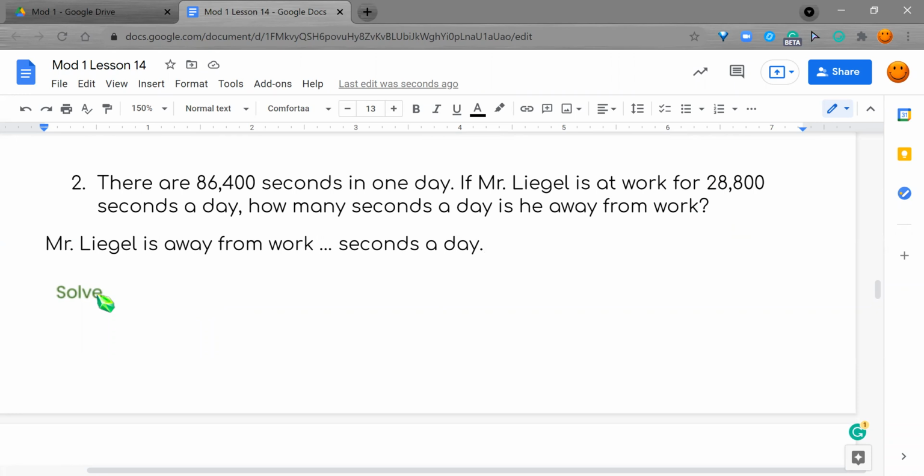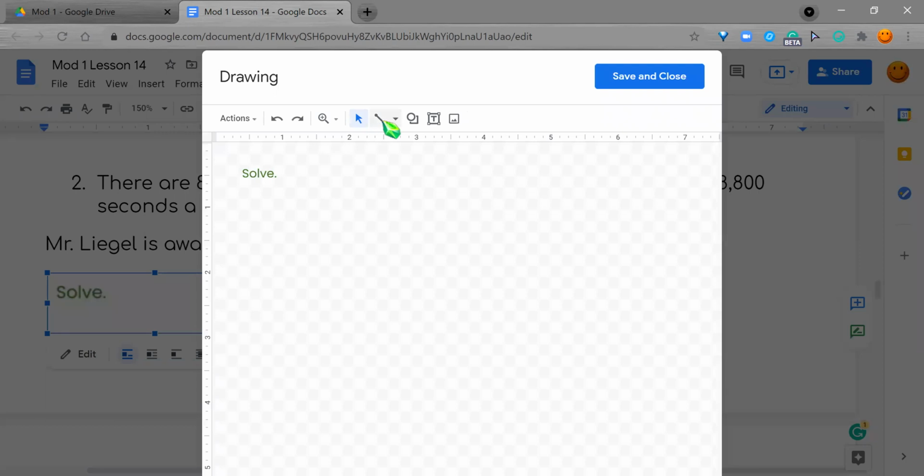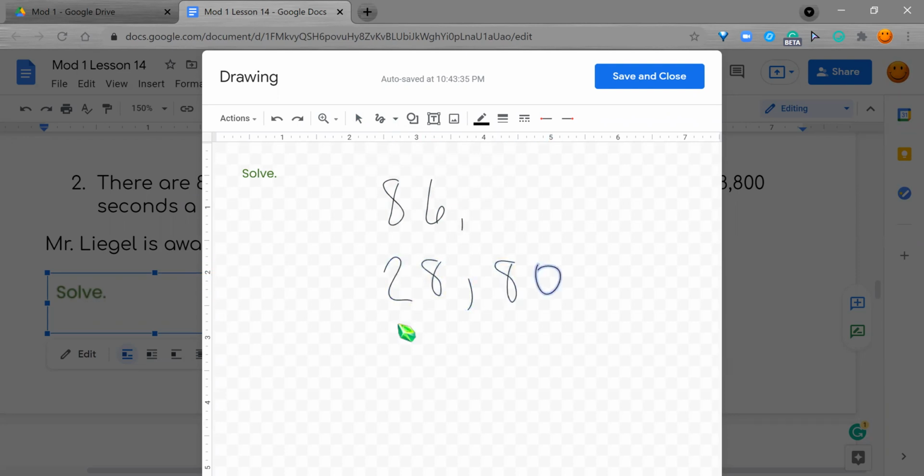So this is where I get to jump into my scribble pad. Here we go. So I'm going to scribble. So it was 8,600, and then this one was 28,800.